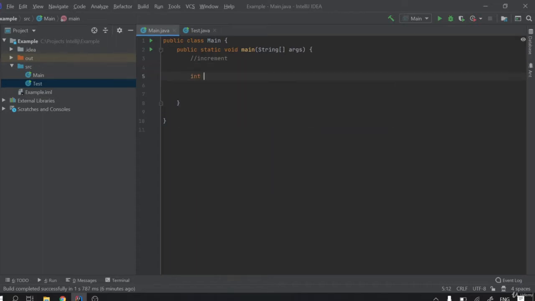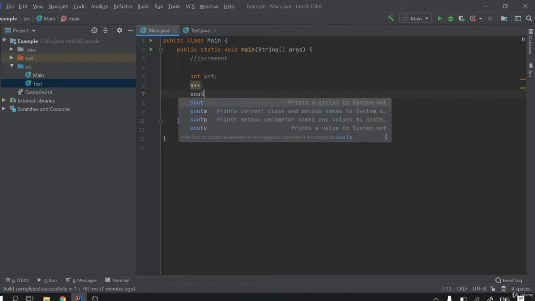Let's test this. Integer a equals 9. If I want to increment this by just 1, let's try. I'm going to write a plus plus and a semicolon. What we did: our variable a was 9, but here it became 10.